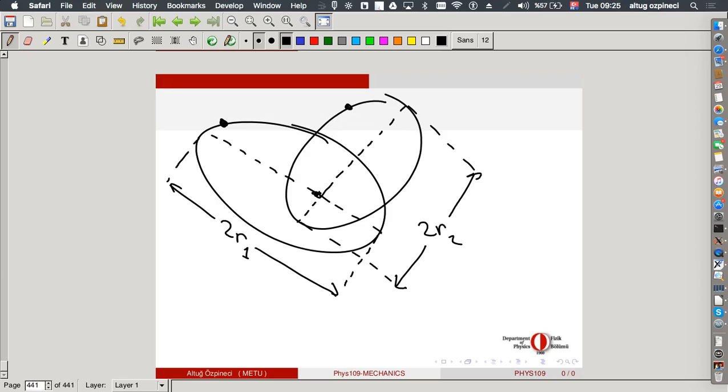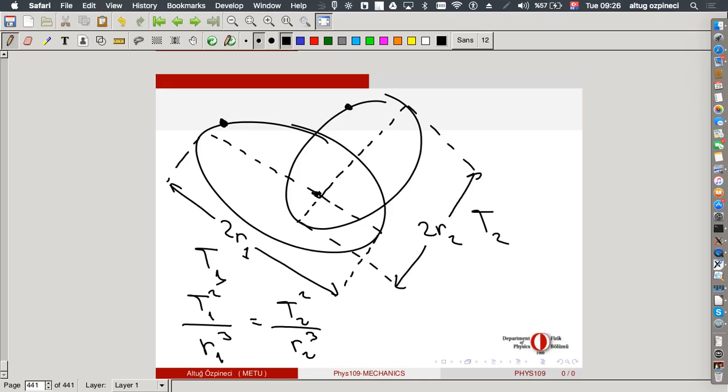And if you say that this planet completes one full rotation around the sun in T1, and the duration of one full rotation of the other planet is T2, what Kepler observed was T1 squared over R1 cubed is equal to T2 squared over R2 cubed.